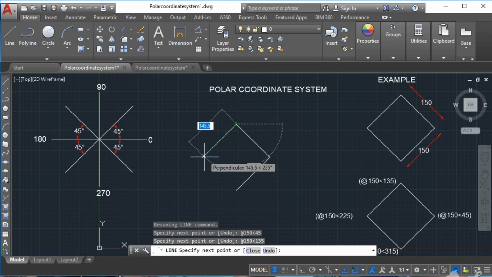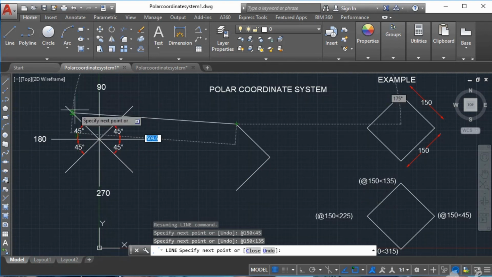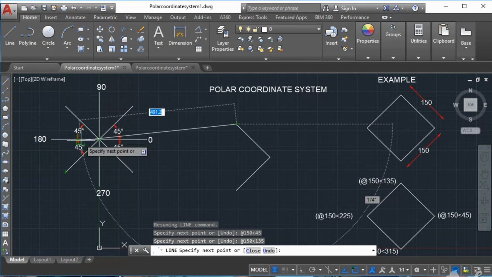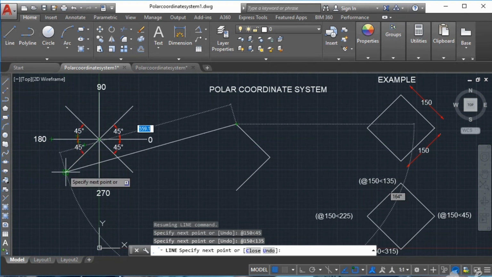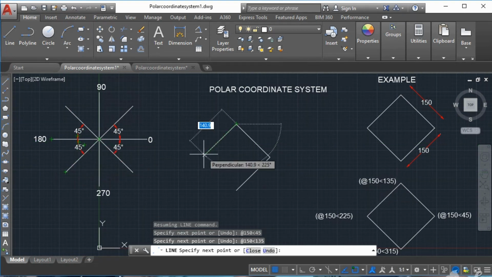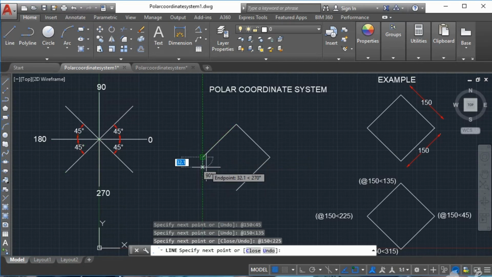And the next point will be @ 150 and less than angle, which one? See, for this one, 180 degrees plus 45. How much will it be? 225. So now we will type @ distance 150 angle 225 and press enter. See, now we got this point also and we are going to the next point.